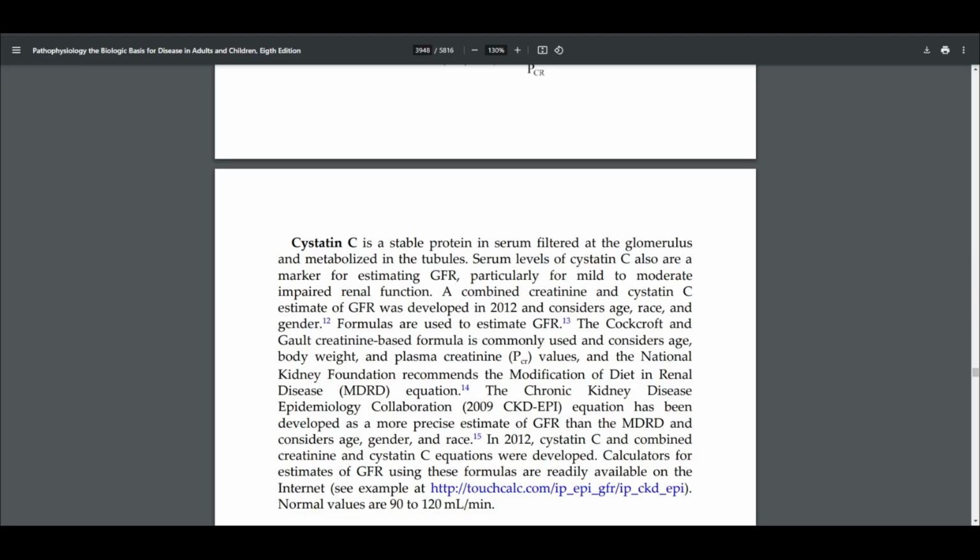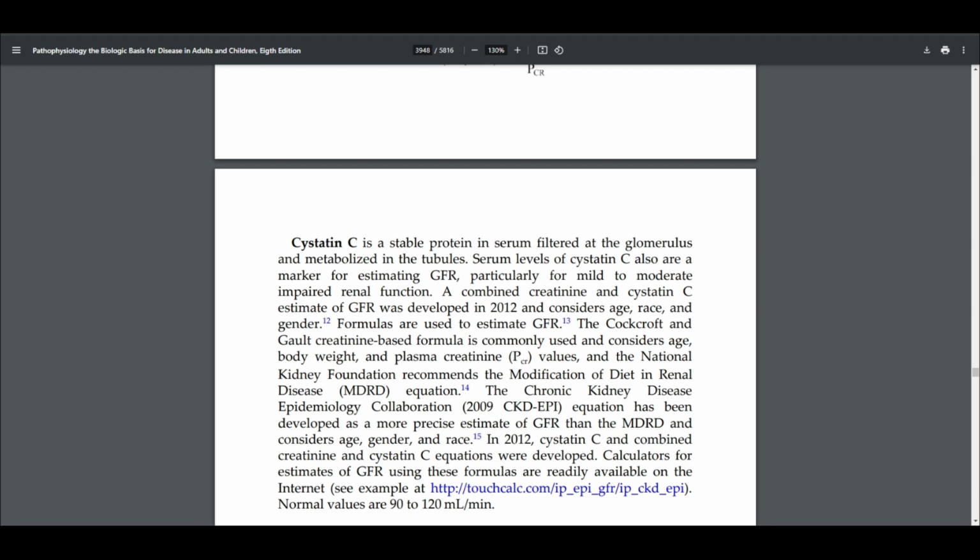The Cockcroft-Gault creatinine-based formula is commonly used and considers age, body weight, and plasma creatinine values. The National Kidney Foundation recommends the modification of diet in renal disease, or MDRD, equation.